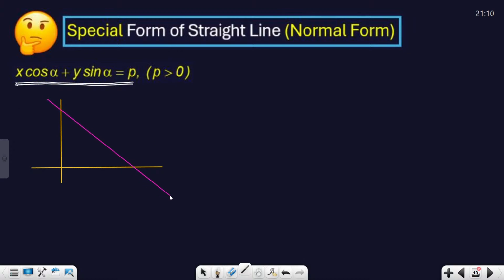Let us say this is my straight line. So this is the origin.